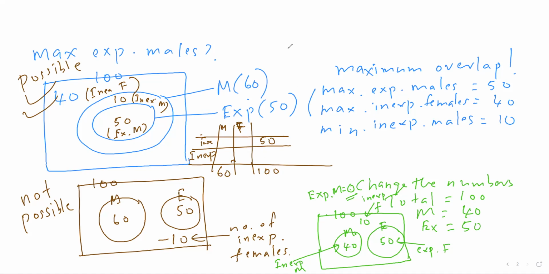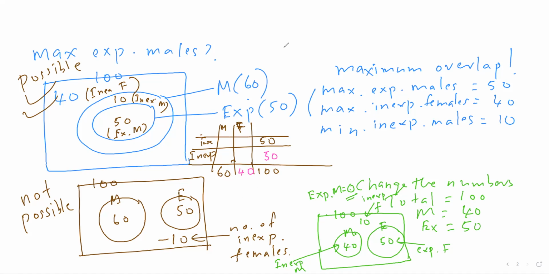Now, you can almost mechanically fill this up. See, 50 plus 50 is 100. So that means the total number of inexperienced people is 50. And since this is 60, females constitute 40 people. Okay, so they add up.